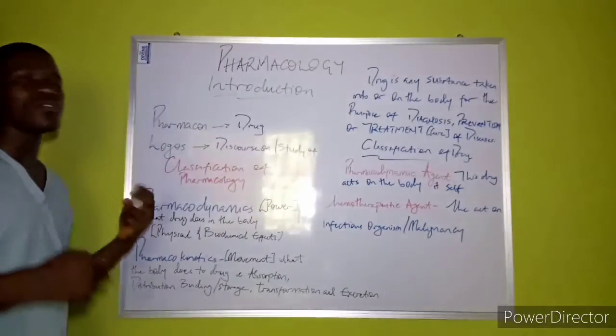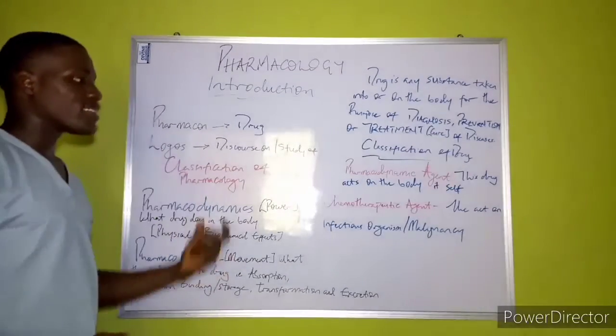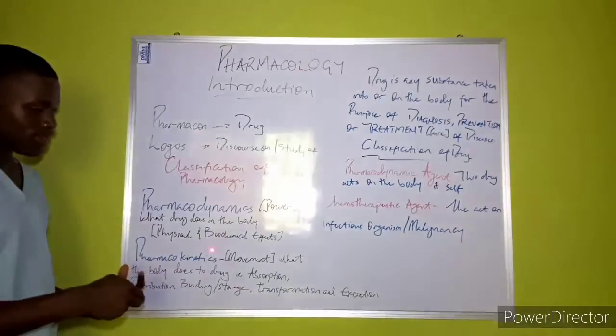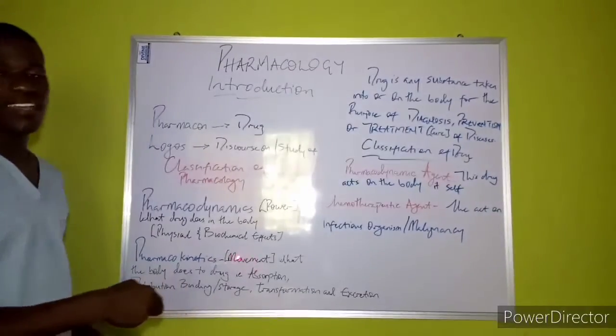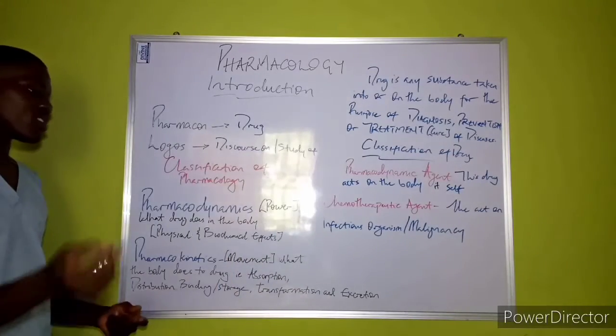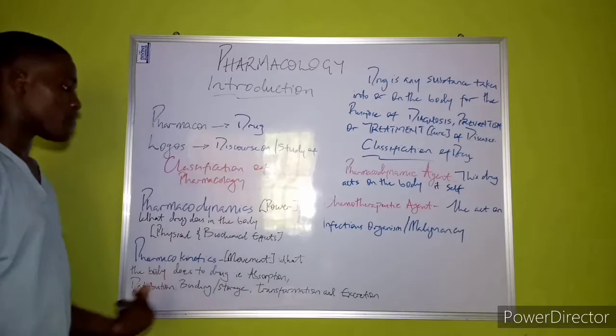For example, a person who is febrile takes a drug and his temperature comes down, while pharmacokinetics refers to how the body reacts to it. That's what the body does to the drug to bring the temperature down.